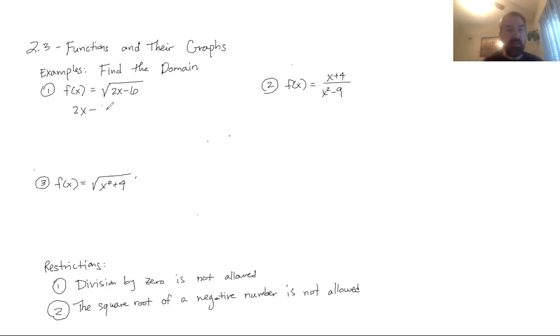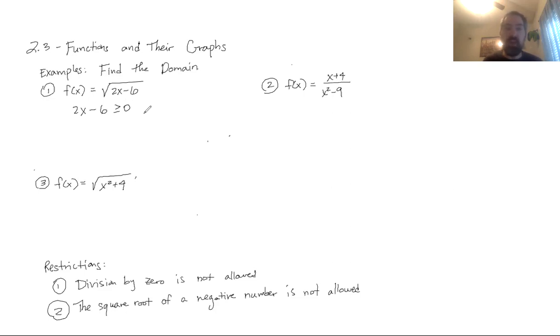So we're saying 2x minus 6 cannot be negative in order for this function to have a real output, right? We want to determine what the inputs must be. If 2x minus 6 cannot be negative, it's got to be greater than or equal to 0.